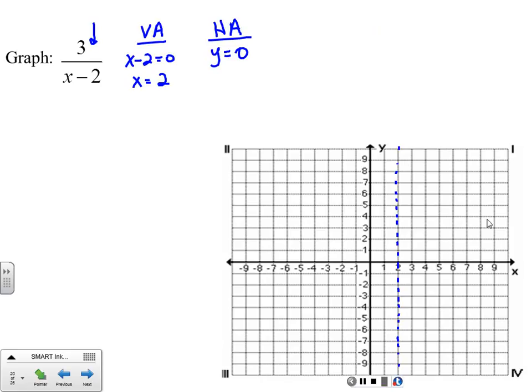This is your new quadrant 1, and this is your new quadrant 3. So, again, the 3 makes it a little more wide, but we're just not going to worry about that. As long as you get your asymptotes and the right quadrants, I'm going to be happy.